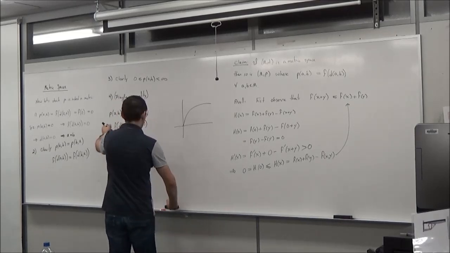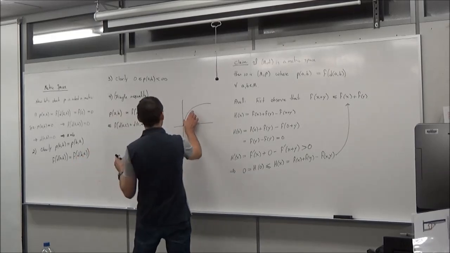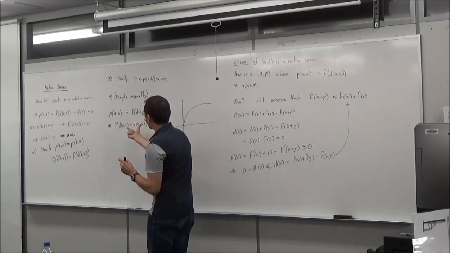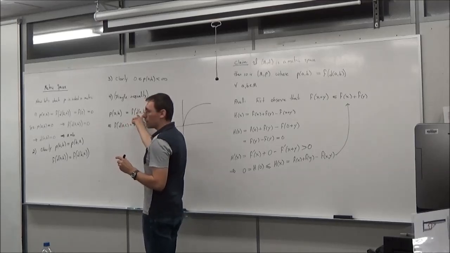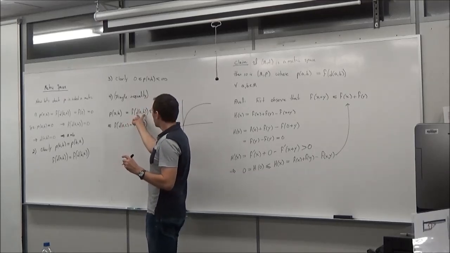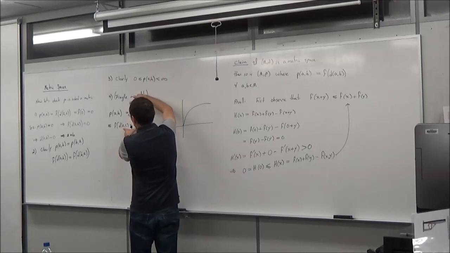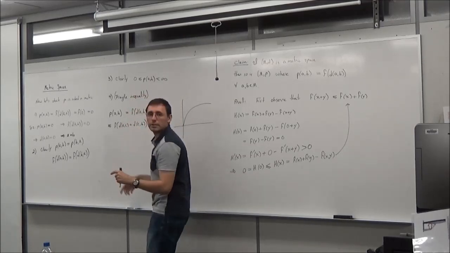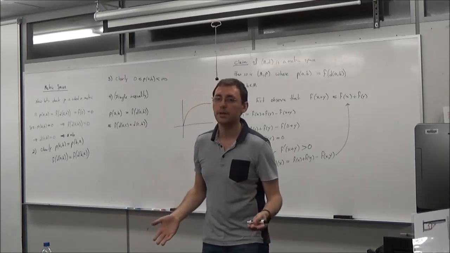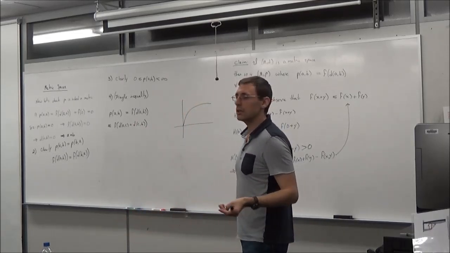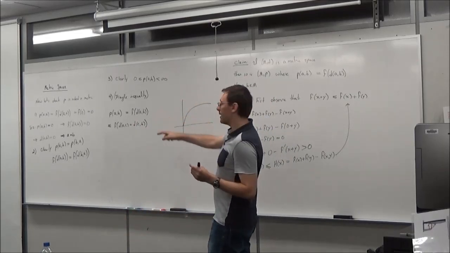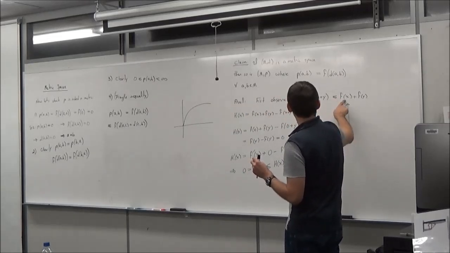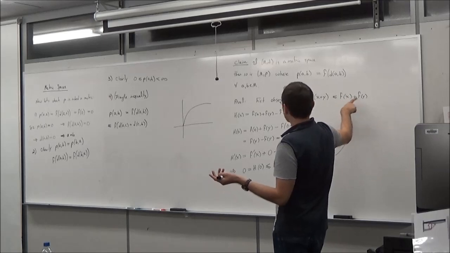Now, why do I know this inequality? It's because the function is increasing. That's why I needed it to be increasing. By the triangle inequality of the input, this is smaller than this. Now, if you feed f a bigger number, you get bigger output. And then the last part is this. f of a sum of two numbers is less than f of one number plus f of the other number.